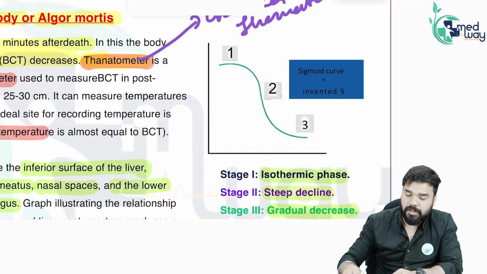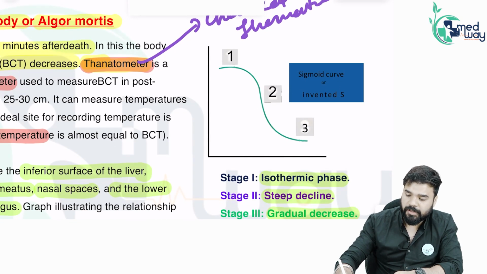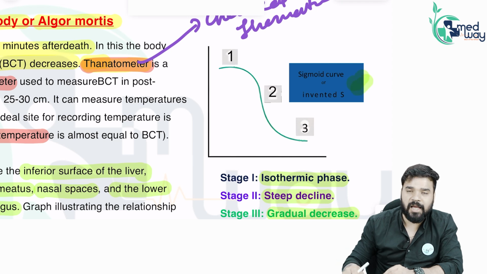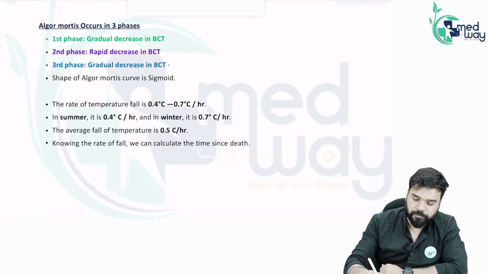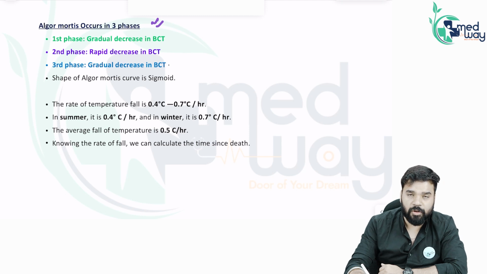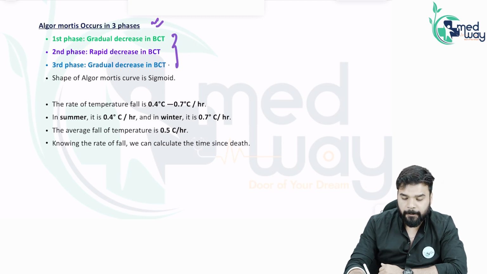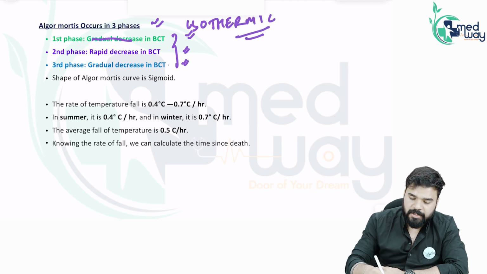So this makes the curve of algor mortis a sigmoid curve or inverted S shaped. As I told you, algor mortis occurs in 3 phases. First is iso, second is rapid, third is gradual. The shape of the algor mortis curve is sigmoid.